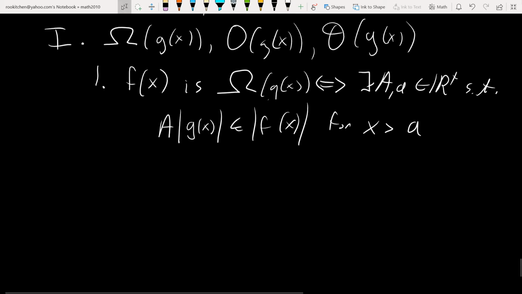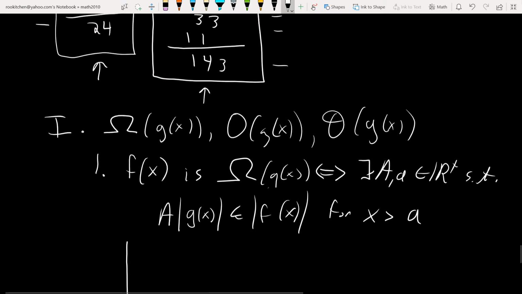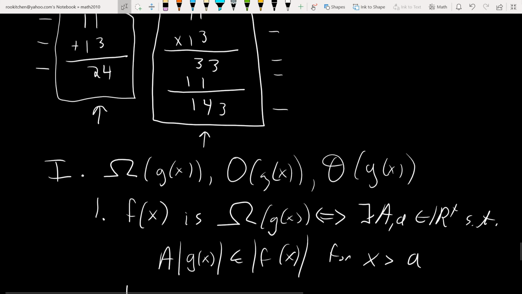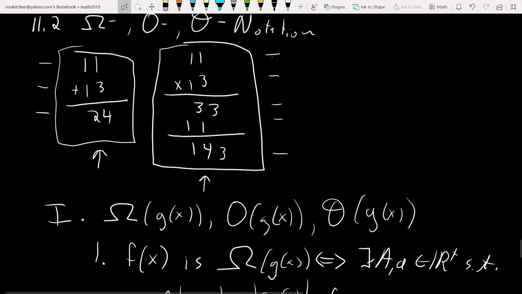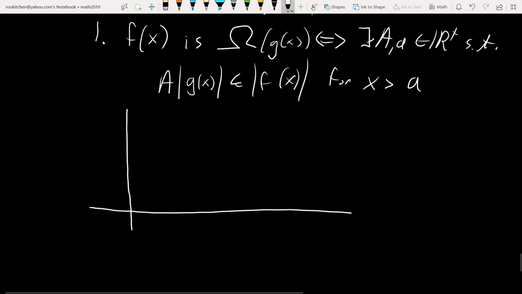It's easier seen if I just draw you a graph of what they're talking about. f of x represents the number of operations you would have to do in an algorithm. If you put in 11 plus 13, f of x would output level 3. If I put 11 times 13 into some other function, it would tell me that it has level 5 or something like that. So we can use these graphs to represent the number of operations for a given input.